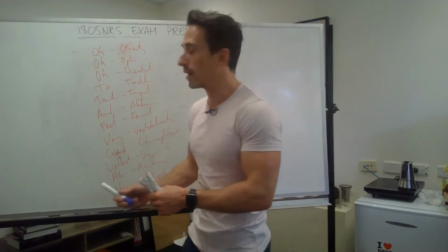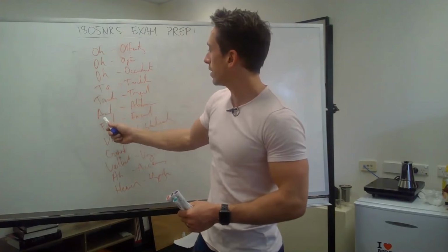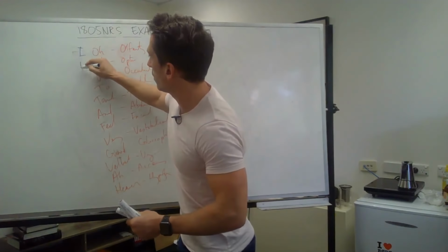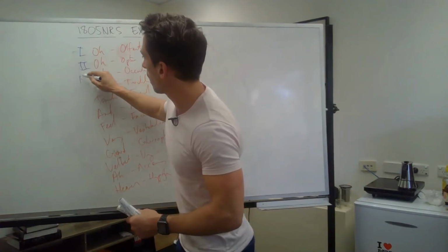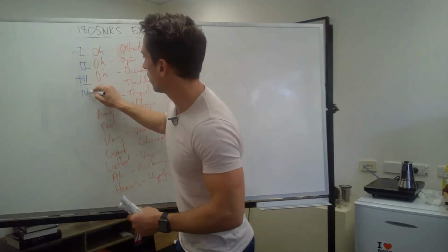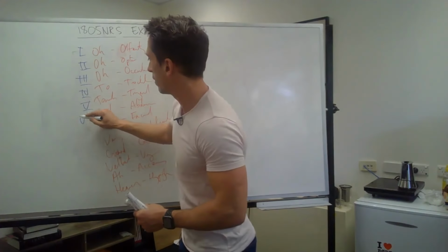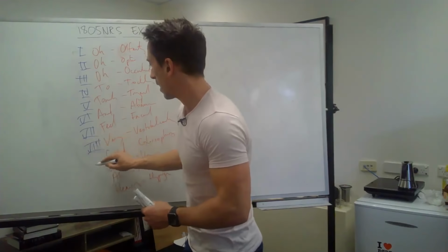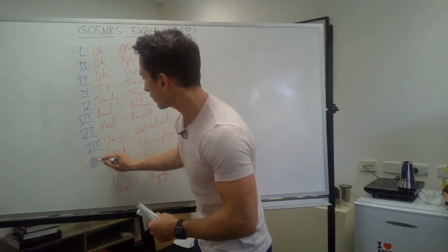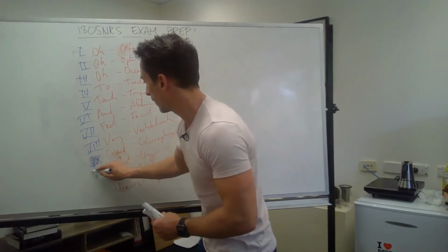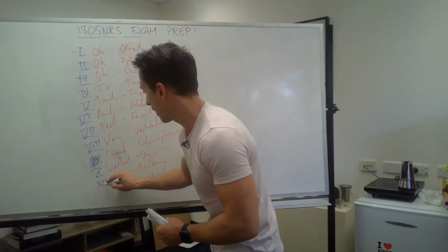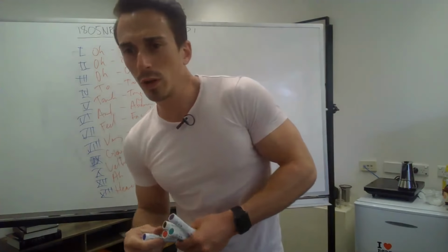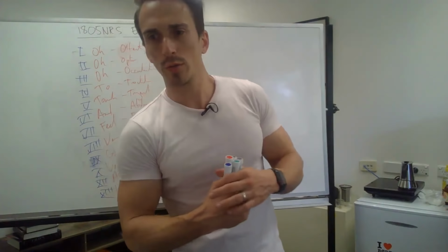So that's just going to be 1, 2, 3, 4, 5, 6, 7, 8, 9, 10, 11, 12. Question is, will you have the numbers for the cranial nerves in Roman numerals, for example?